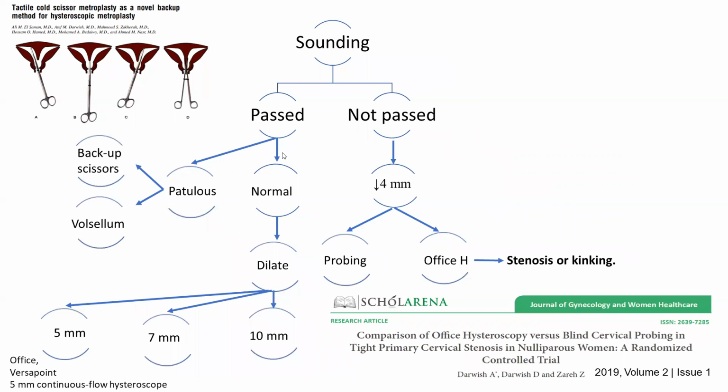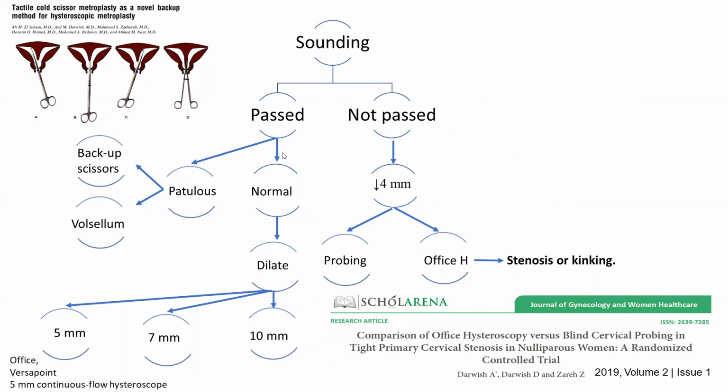In such a case, leakage of fluid is expected, and you can make more grip or tightening of the cervix using the tenaculum, or you can use a backup scissors technique as published by our team before in cases of excessive leakage in a very patulous cervix.